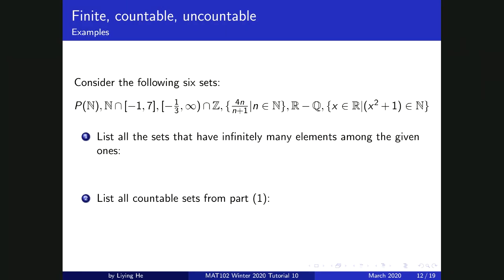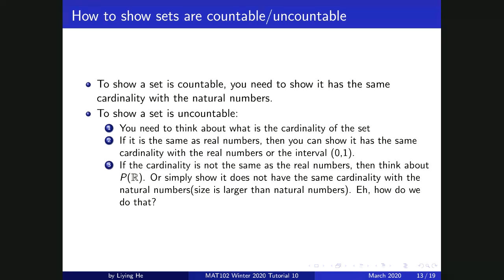This one, we don't have time to do. To answer one of your questions, someone asked me how to show a set is uncountable. First, to show a set is countable, you need to show that it has the same cardinality as the natural numbers. This should be easy for everyone.